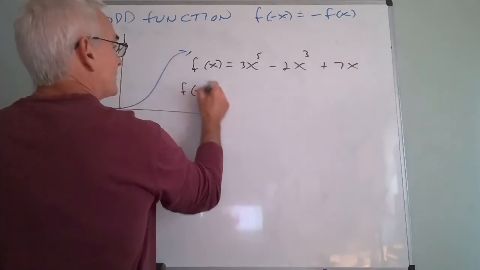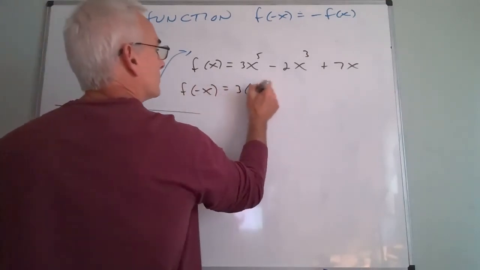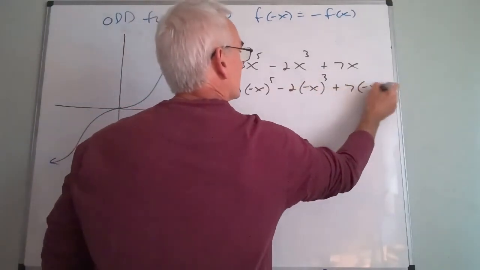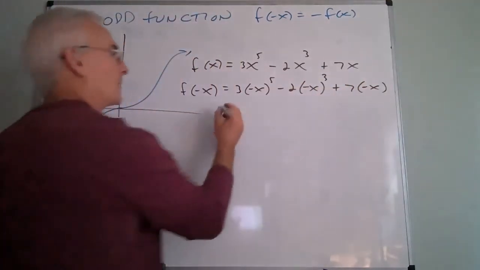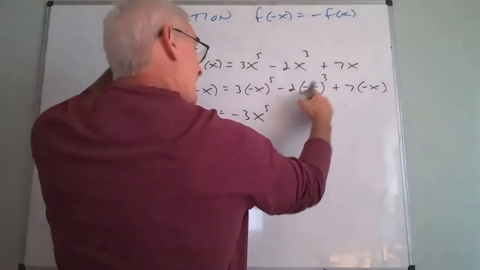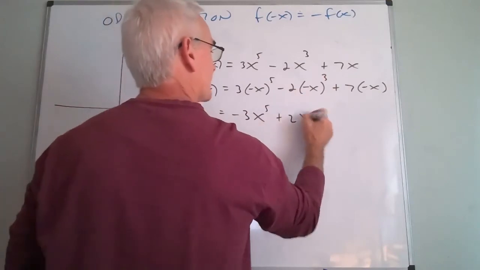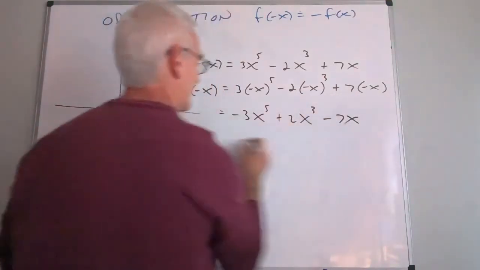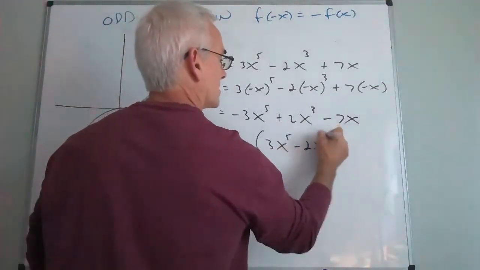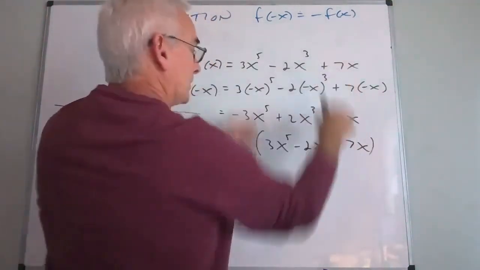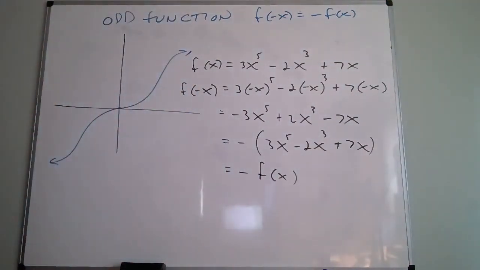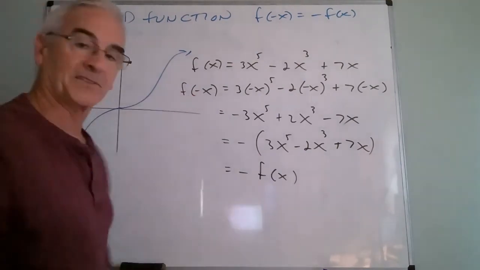So now if I do f of negative x, well, negative to an odd power, that'd be negative 3x to the 5th. Negative to an odd power times a negative, so that'd be plus 2x cubed minus 7x. If I factor out the negative, I do believe this is exactly the negative of my original f of x. So that's what an odd function, you have that sort of behavior.